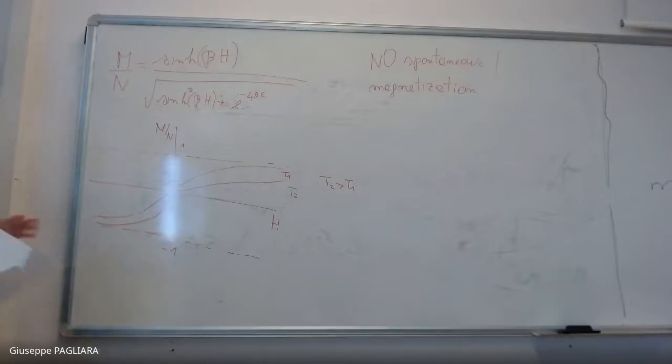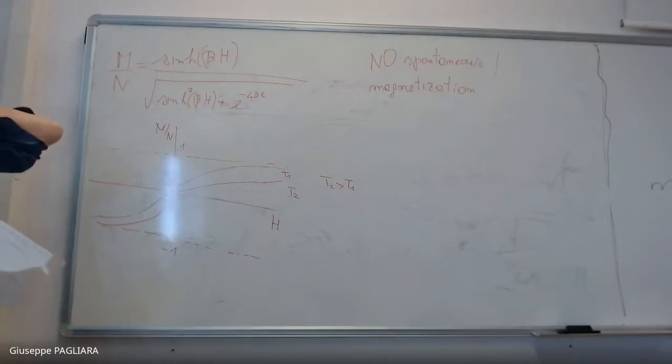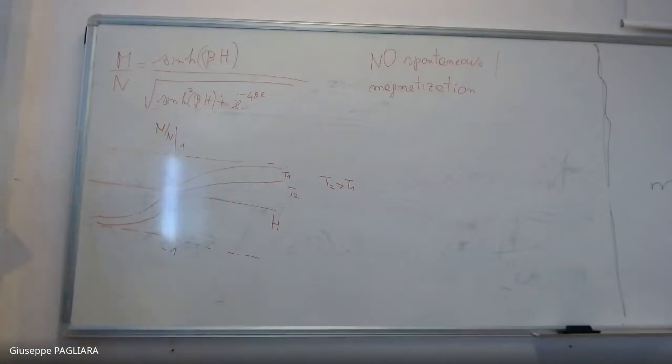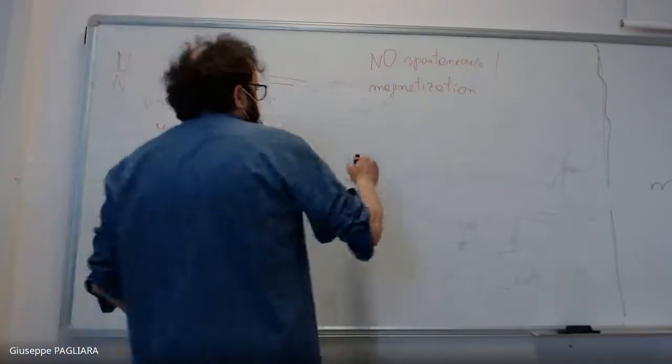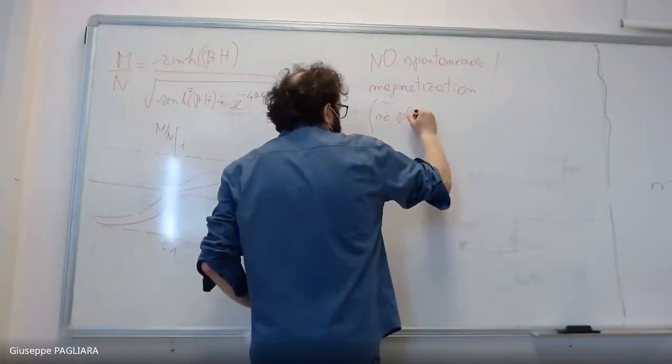Okay. What will be different in the Ising model in 2 dimensions, for which instead we have magnetization below a certain value of the temperature, which is the critical temperature. So in 1 dimension, we do not have spontaneous magnetization, and so we do not have a phase transition in this case.